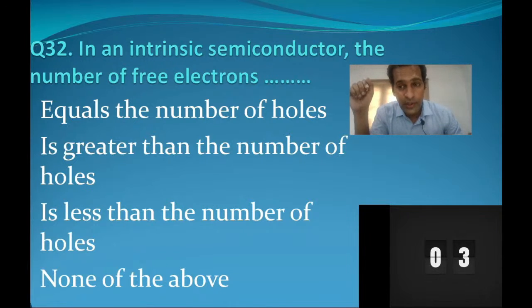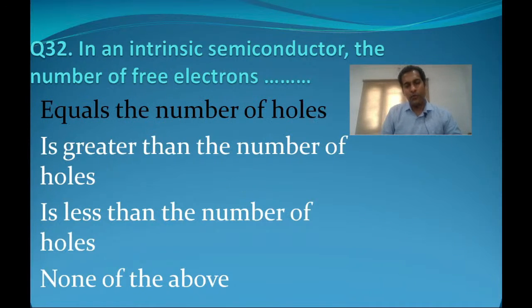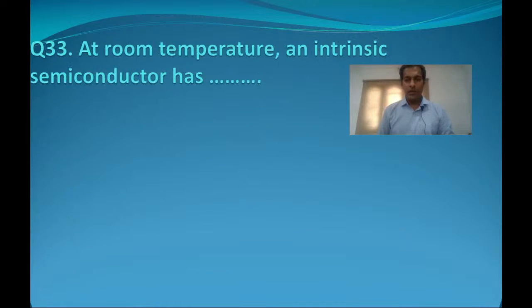What should happen when it is intrinsic or pure? Your time ends now. The answer is the number of holes equals the number of electrons. Both are the same. When we add impurity, only then will the number change. Till then, the numbers of holes and electrons are the same. Let us move to the next question.